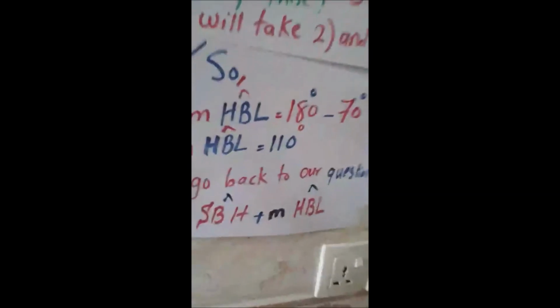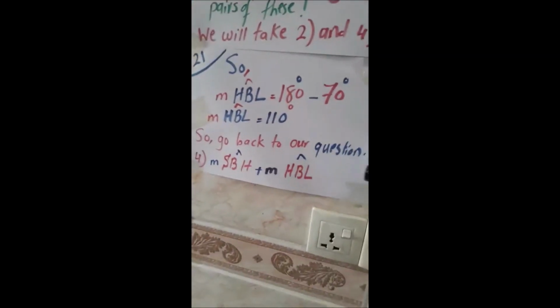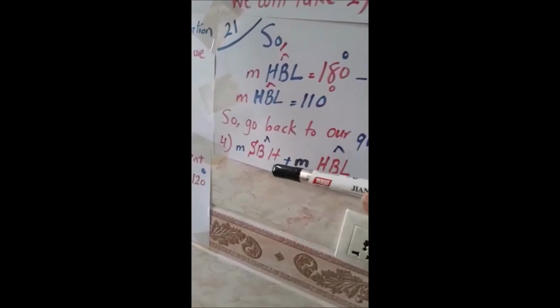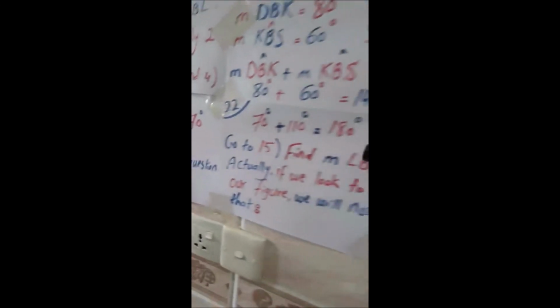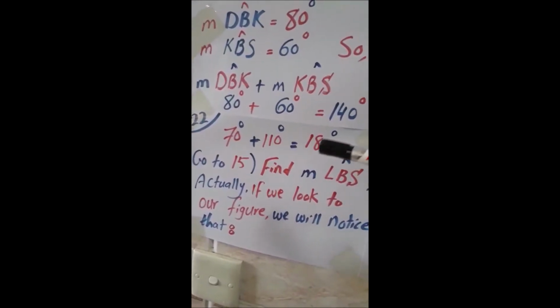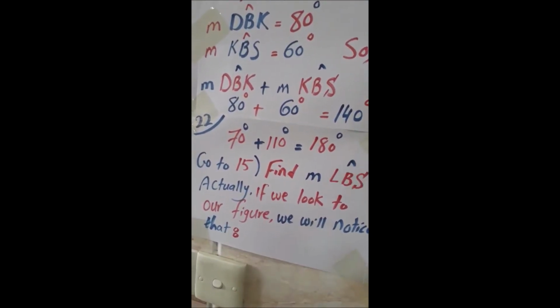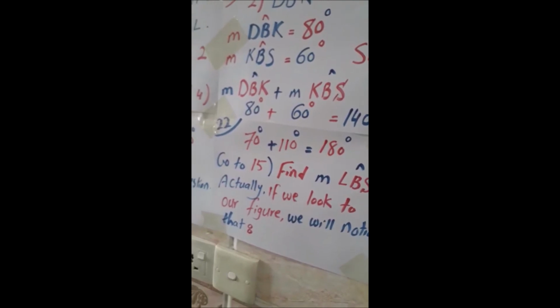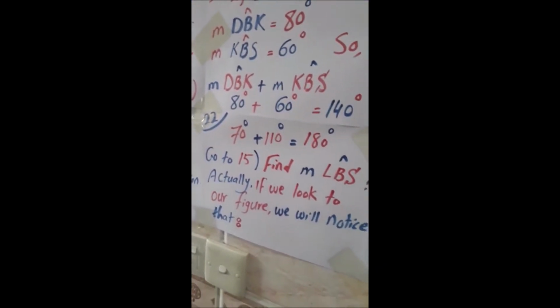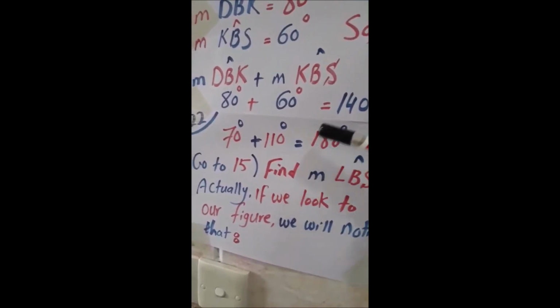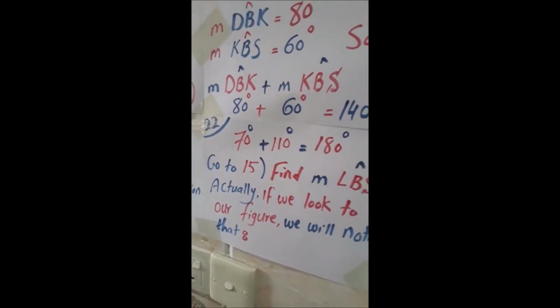So go back to our question: the measure of angle SBH plus the measure of angle HBL, we have 70 plus 110 equals 180. This also confirms that our work is correct, because these two angles are adjacent supplementary angles, and their sum equals 180.